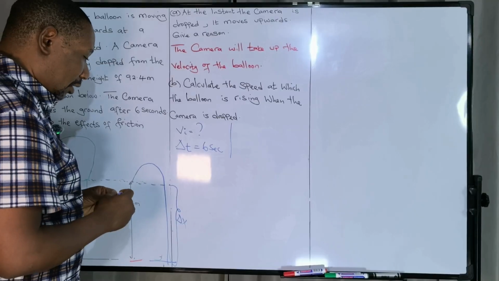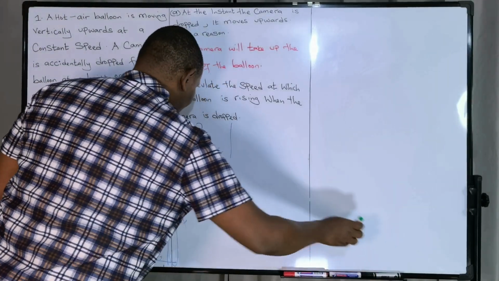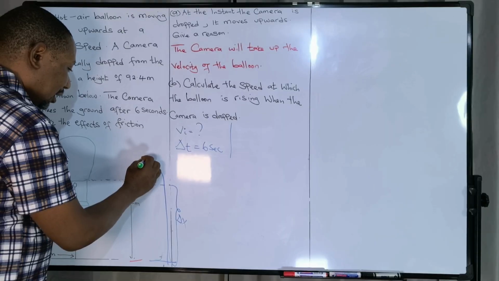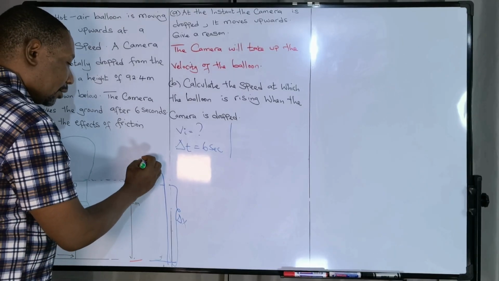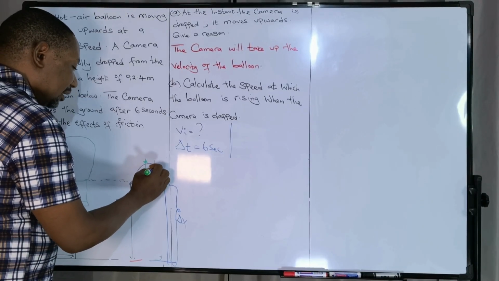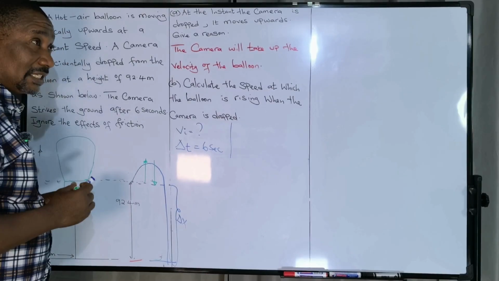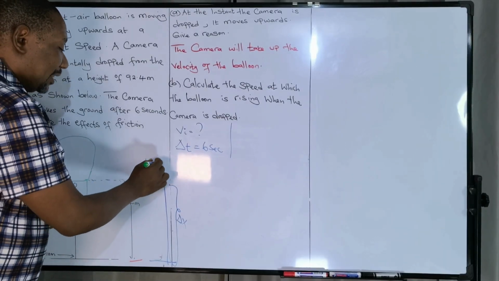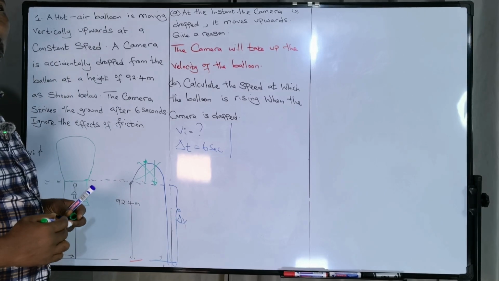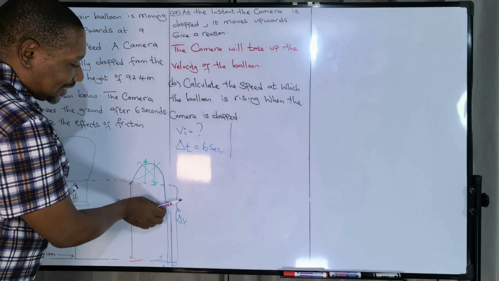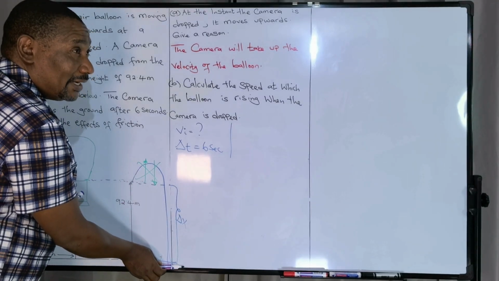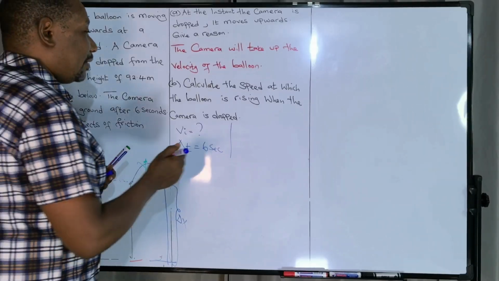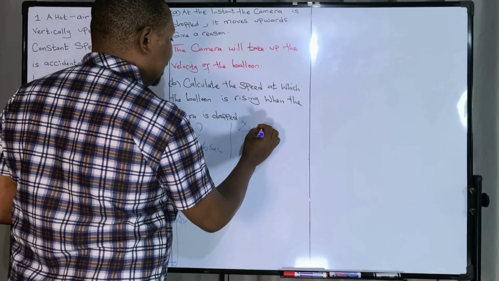You have to remember that in this part of the path, the camera rose and dropped the same displacement. So they are equal and they cancel, leaving us with this one as the only displacement covered by the camera. So we have it, and our displacement is that.